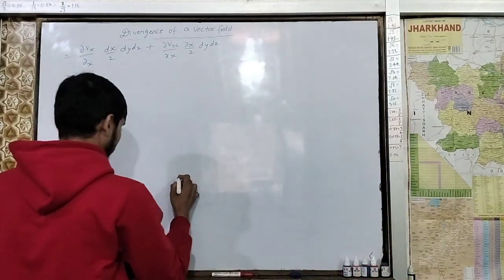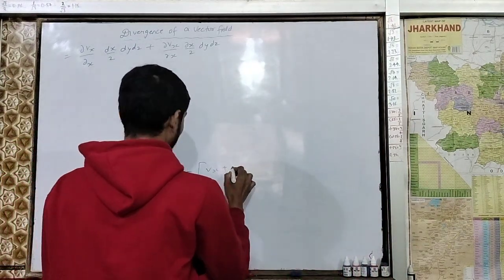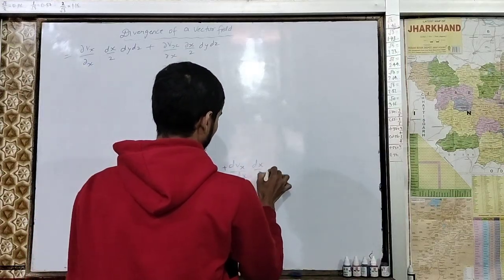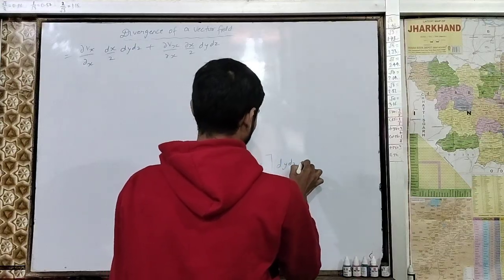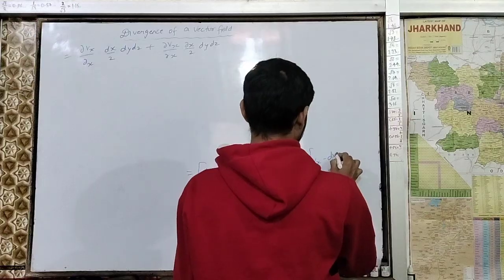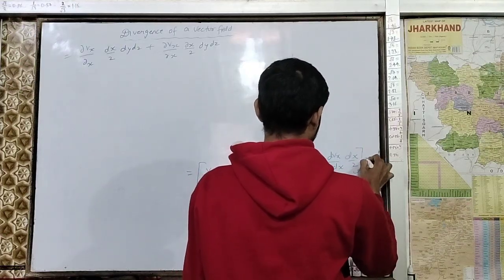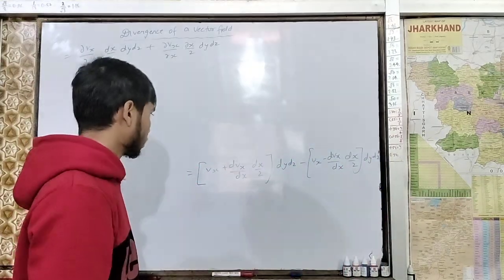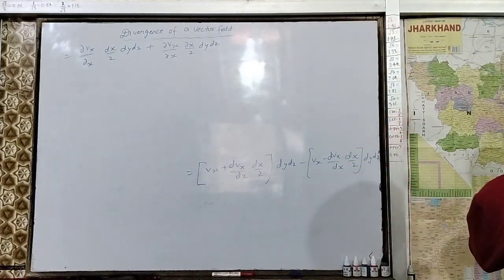Look at over here. Vx plus dvx upon dx, dx upon 2, dy dz, minus Vx minus dvx upon dx, dx upon 2, dy dz. What is happening over here? This minus positive.